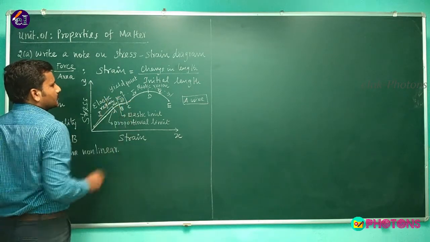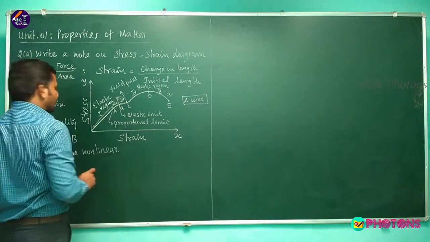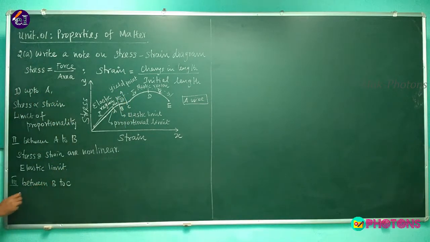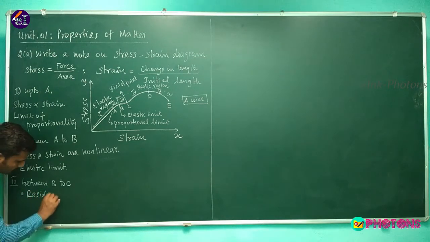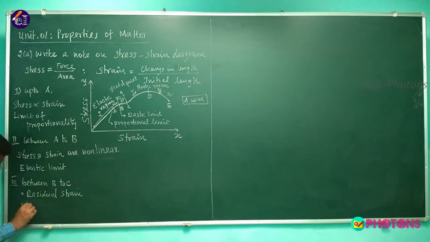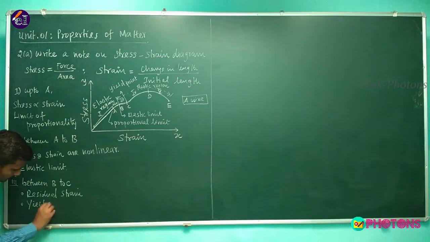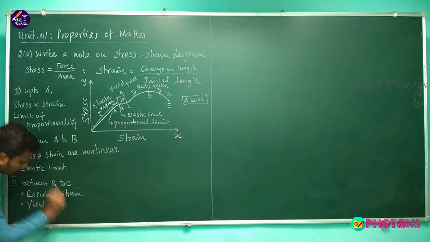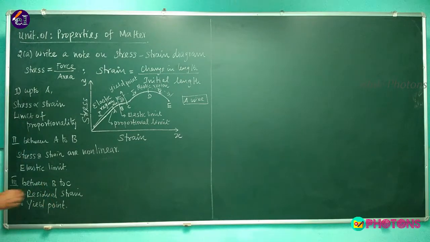And point C is yield point. Here there exists a residual strain, and the point C is called yield point.